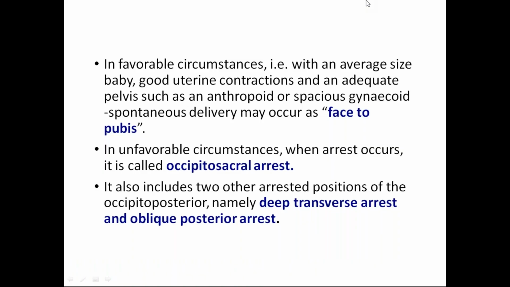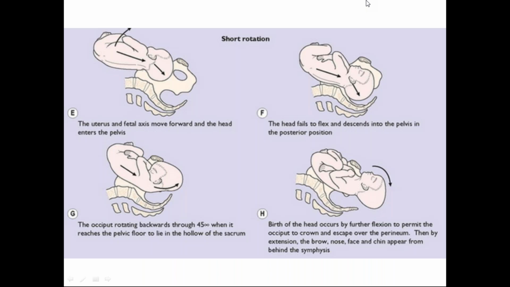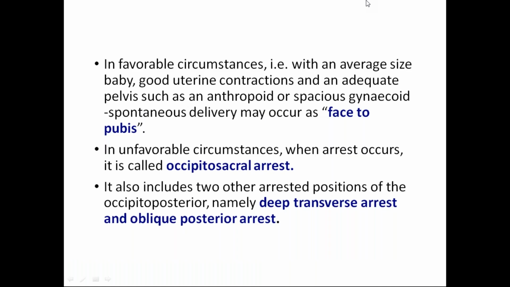In favorable circumstances, where there is good uterine contraction and an adequate pelvis, anthropoid or spacious gynecoid, spontaneous delivery may occur face to pubis. I told you face to pubis already. This is a face to pubis delivery. So that is in favorable. In unfavorable, when arrest occurs, it is called occiput sacral arrest.